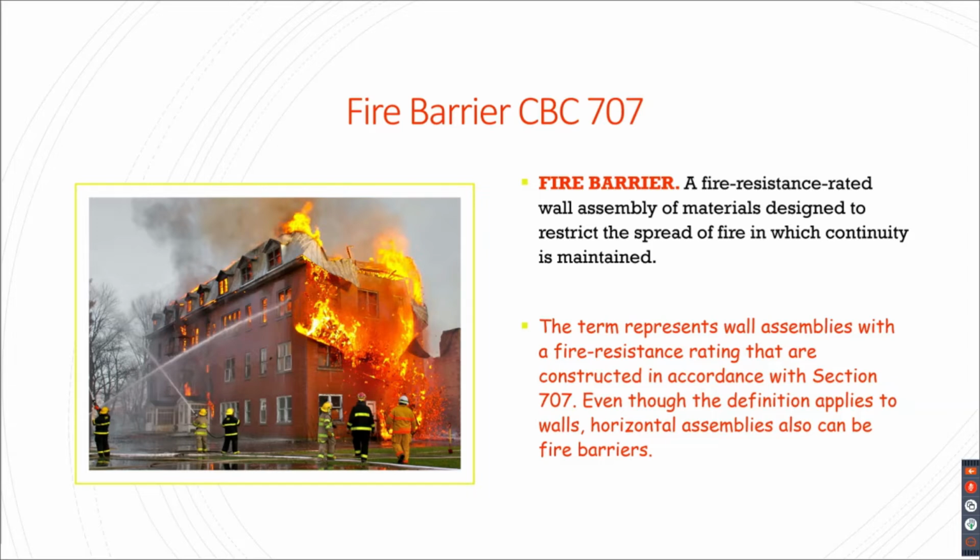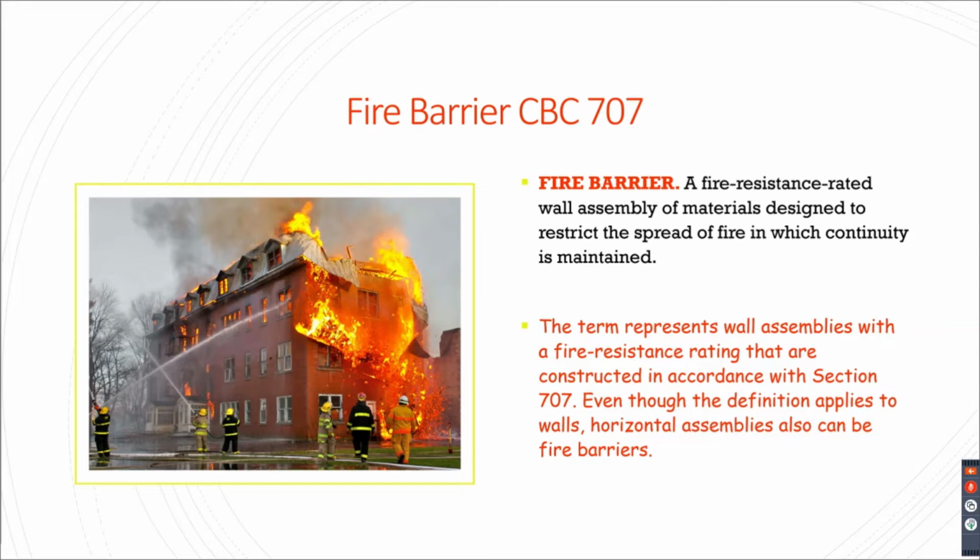So yes, a fire barrier is a wall, but when you have a fire barrier requirement, you're looking at a cube, right? You've got top and bottom that need to be rated as well, not just the walls. Top and bottom are your horizontal assemblies. Horizontal assemblies have their own requirements, but they also complete this fire barrier cube, so to speak.